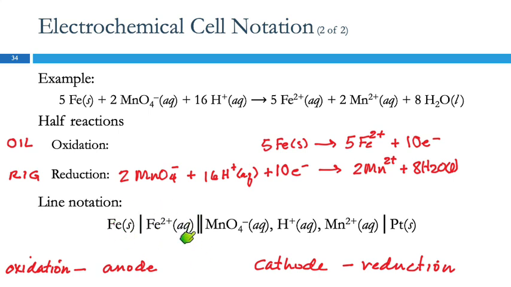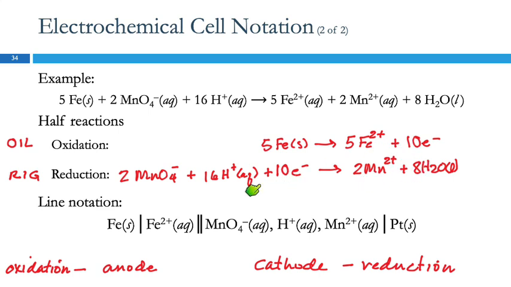Here we have our salt bridge, and then on the right side we have the reduction, and so we have MnO4 minus and hydrogen ions, and those are both aqueous, so they're separated by a comma. And then the product is manganese 2+ ion, also aqueous.